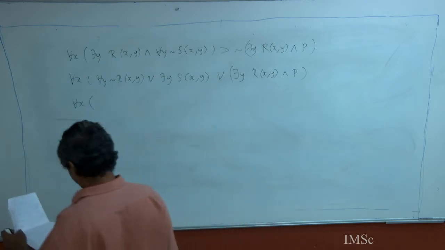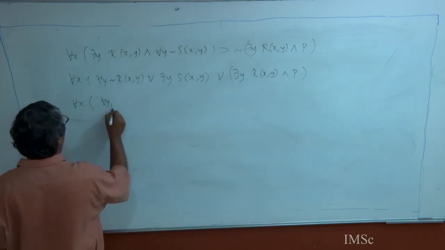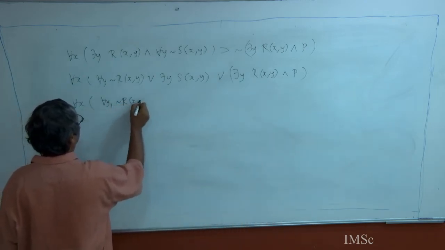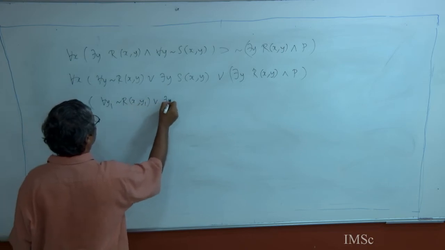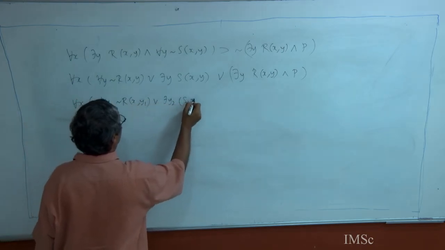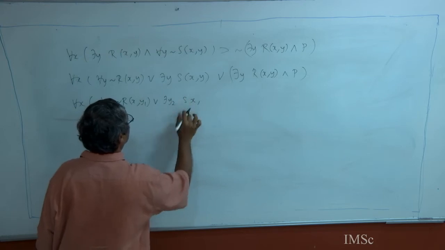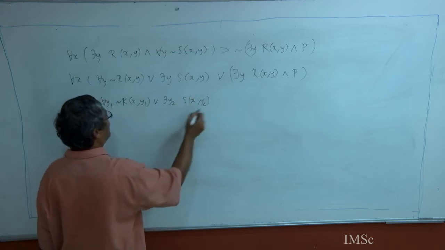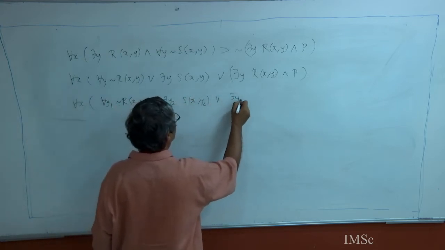So for all x, for all y1 not R x y1, or there exists y2, or there exists y3.